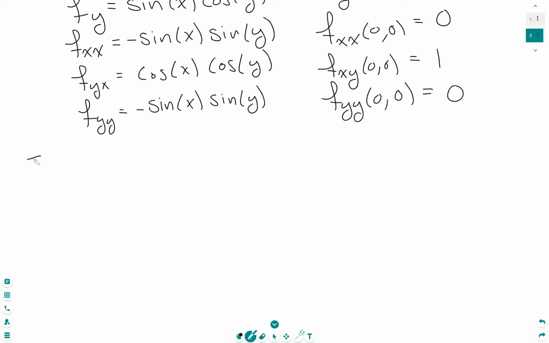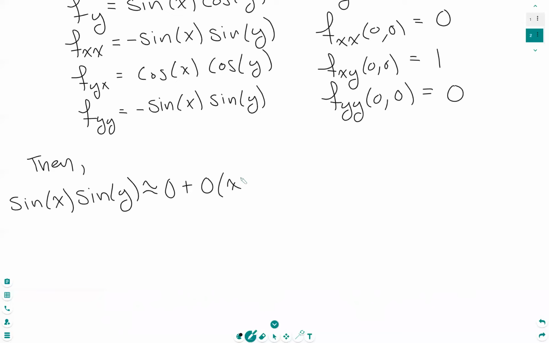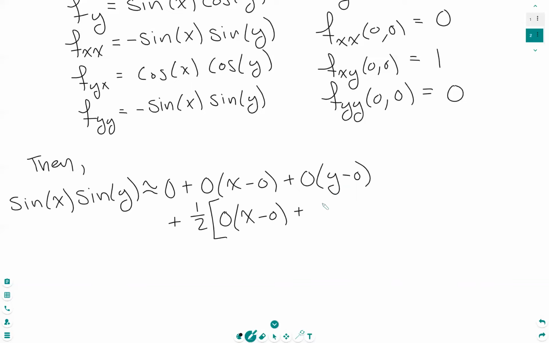So then sine of x sine of y is approximately f(0, 0), which was 0, plus the x derivative at (0, 0), which was 0, times x minus 0, plus f_y at 0, which was 0, times y minus 0, plus 1/2, and then we have f_xx, which was 0, times x minus 0 squared, plus, we can't forget that there's a 2 on this term.